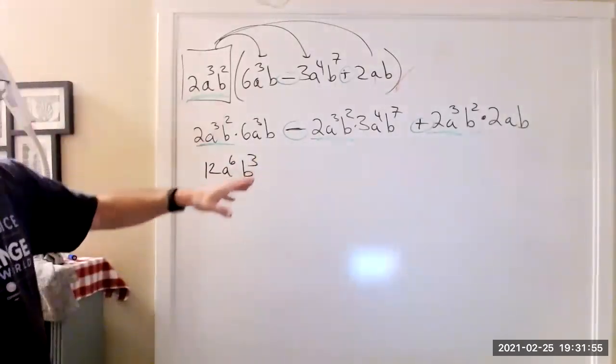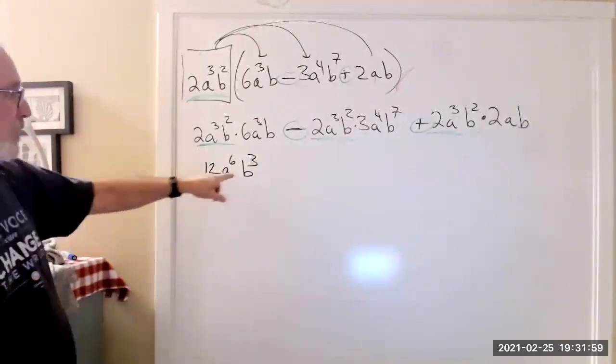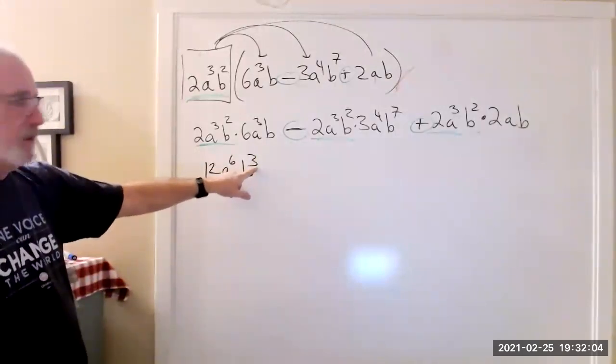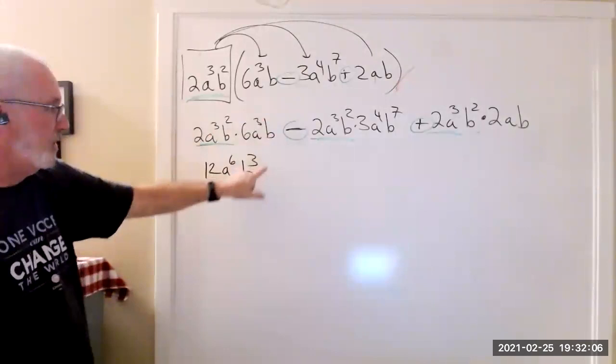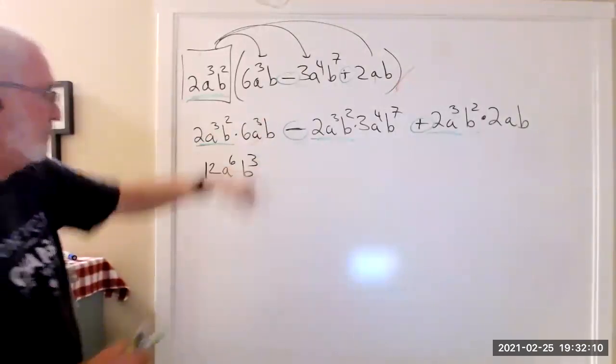And I skipped some steps there. I'm using the add the power stuff. Is everybody okay with where b to the 3 came from? Did everybody get the invisible 1 power on the b out here? Okay. Then we move to the next one.